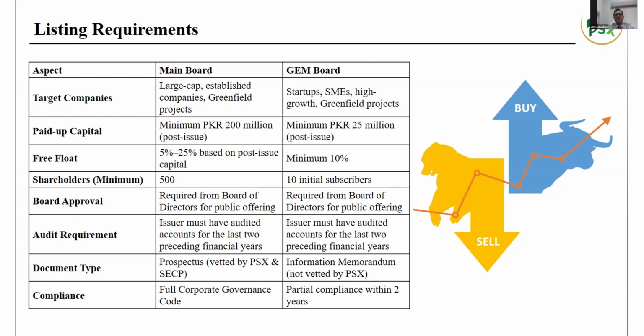We have to process an IPO in 29 working days. That's unprecedented. Nowhere in the world is a prospectus and IPO processed in 29 working days. That has been implemented since November 2023. Since then, we have had around 8 IPOs, and most of them have been done within these regulatory timelines. Whereas for the GEM board, there are no timelines.